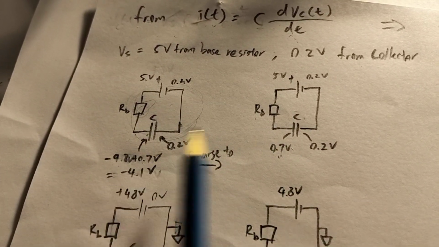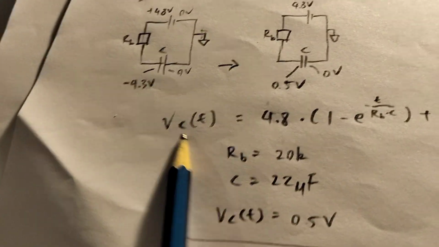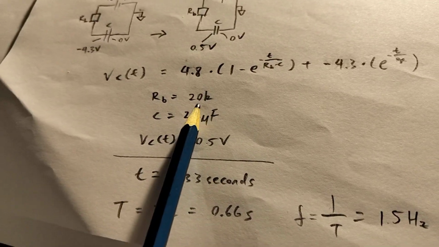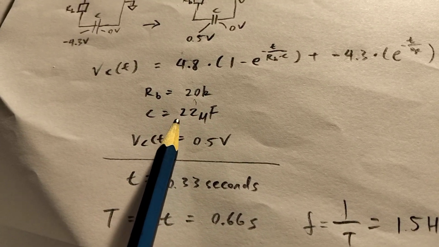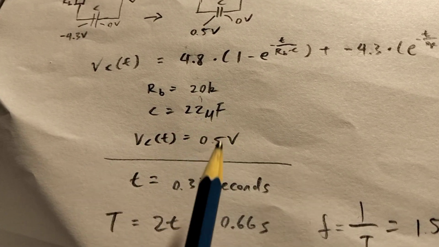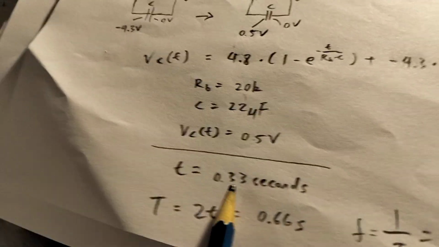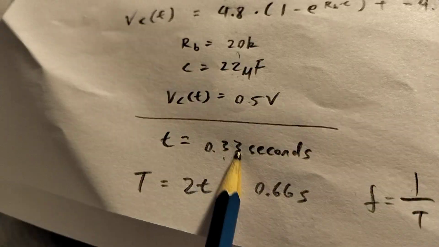So you can find this relationship and do a bit of math and find out that for some value, I'm using 20K for the base resistor, I first used 22 microfarads, which gave a 33 millisecond time for the charging.